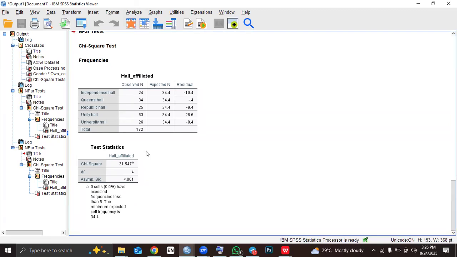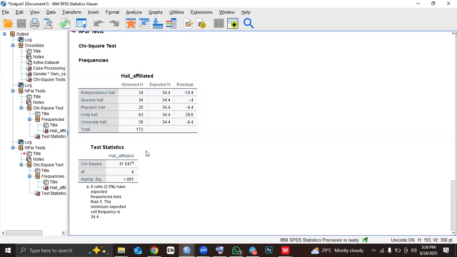Large. And remember from our previous video, we said that if the chi-square value is large, or if the p-value is less than 0.05, then it means that the test we have run is significant.